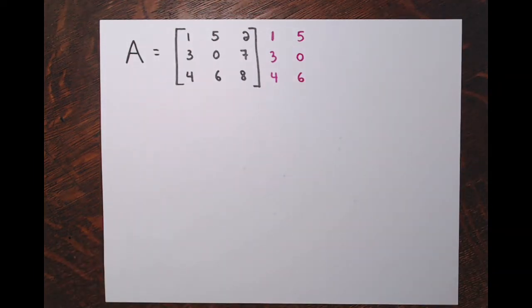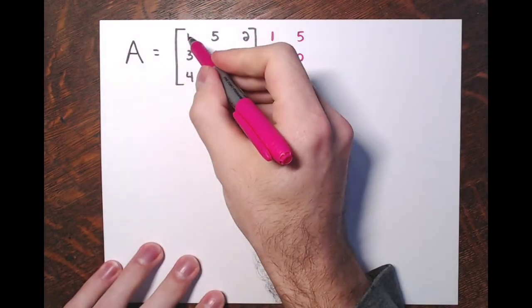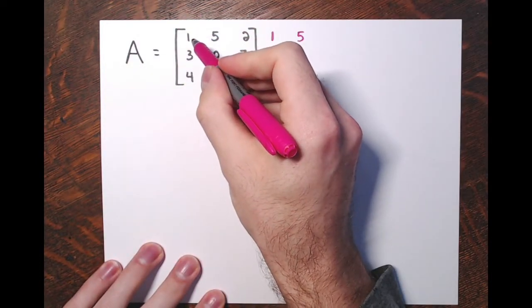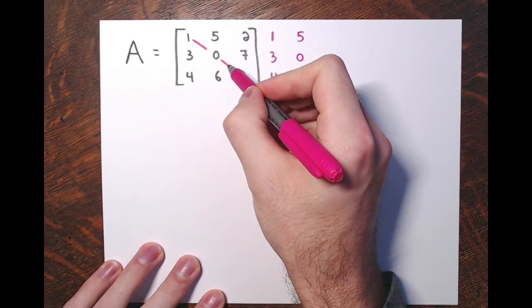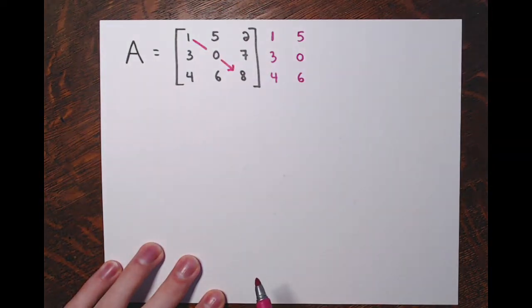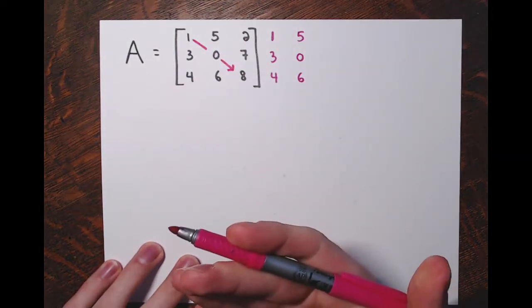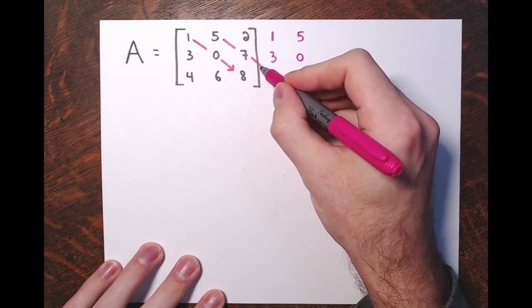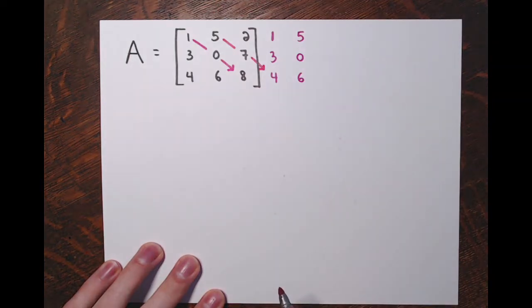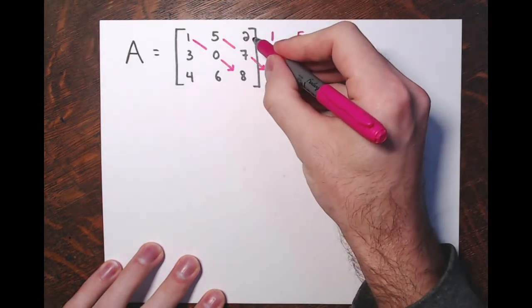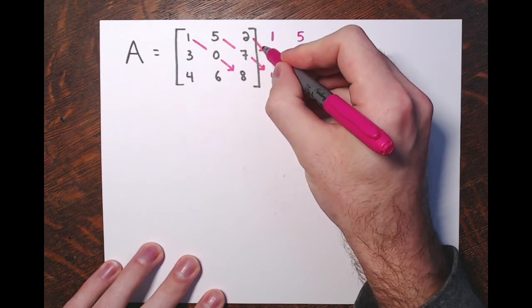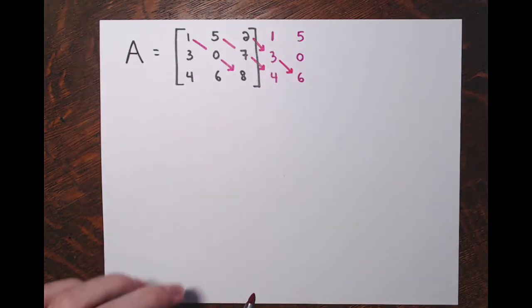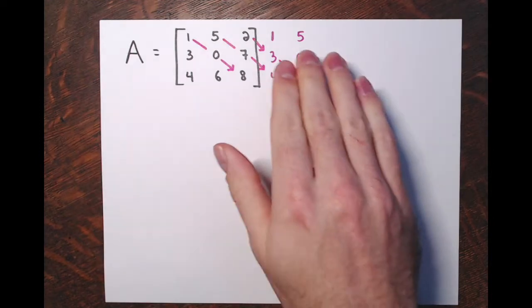Now come all these diagonals. Starting in the upper left corner, I multiply 1 by 0 by 8 down that diagonal, then add 5 times 7 times 4, and then add 2 times 3 times 6. Then I'm in the lower right corner and can't go any further.